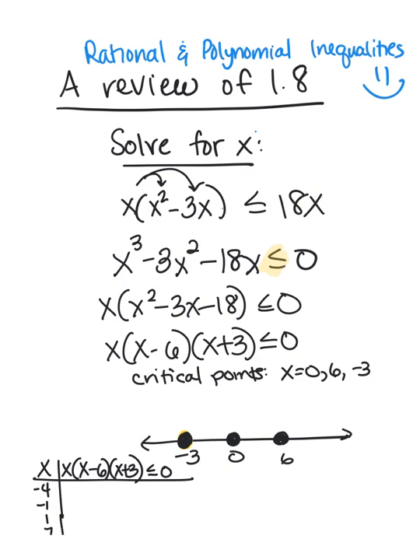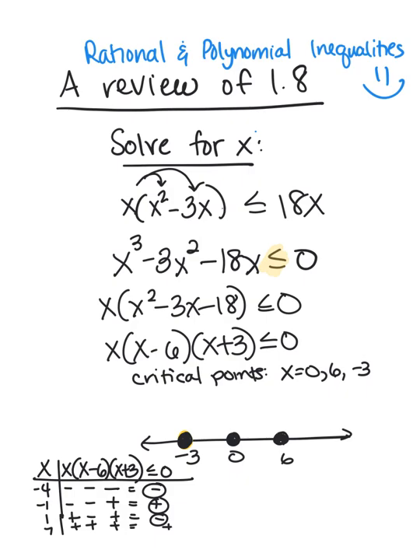When I plug -4 in for x, I get a negative, and then another negative, and then a negative. So the result is negative. When I plug in -1, I get negative, negative, positive, which is a positive result, and I'll just do the rest. It's a 7, so they're all pluses.